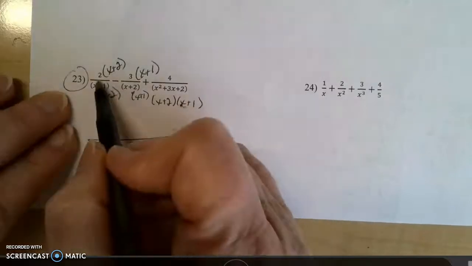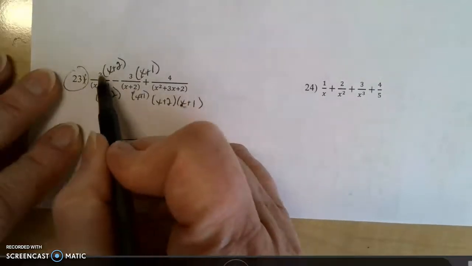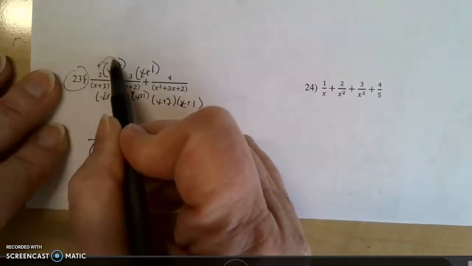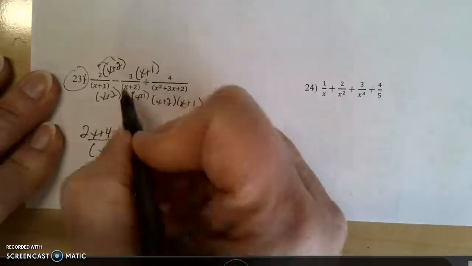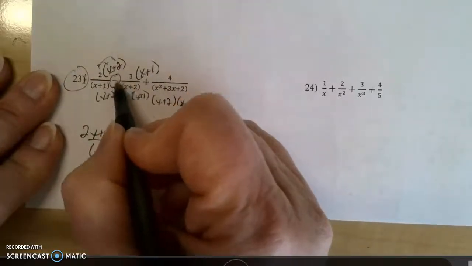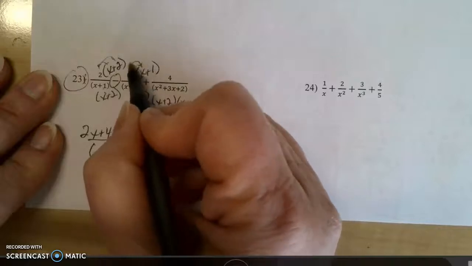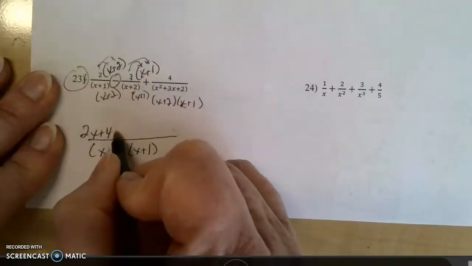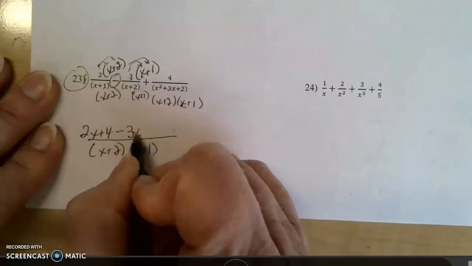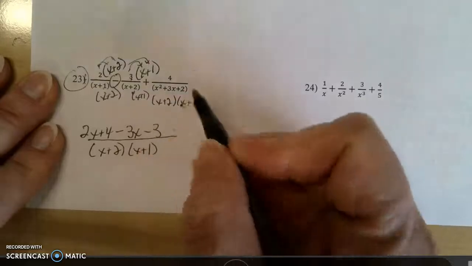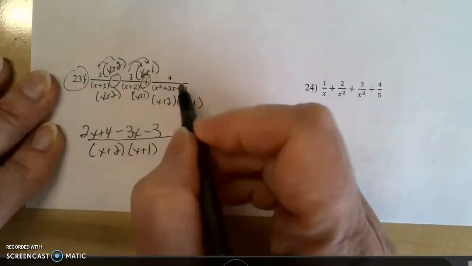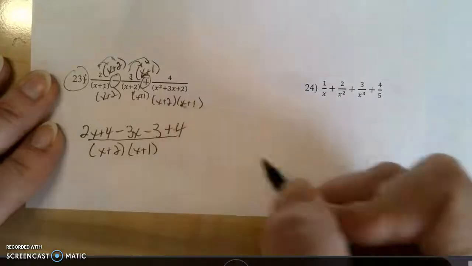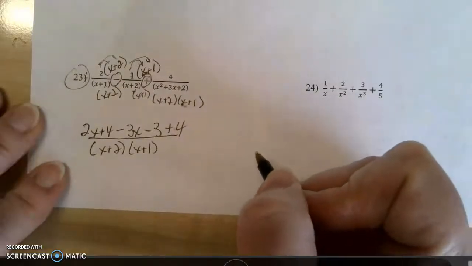All right, let's start here. I have a positive 2 that I'm going to distribute. So I have 2x plus 4. I have a negative 3 that I am distributing. So I have a negative 3x minus 3. This one has the denominator, so I just have plus 4.